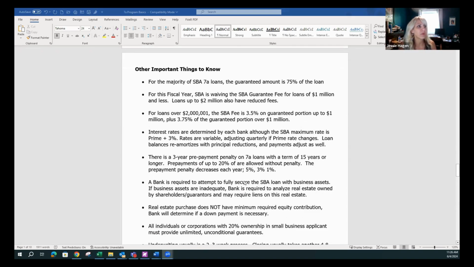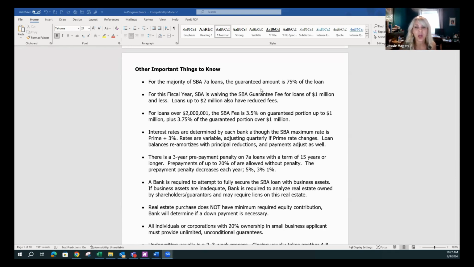Okay. Here are some other important things to know. The majority of SBA loans are guaranteed at 75%. There is a program where the bank can get a 90% guarantee for businesses that sell internationally, the international loan program. The only downside for a borrower is they have to provide more detail about those international customers they might have or are selling to.